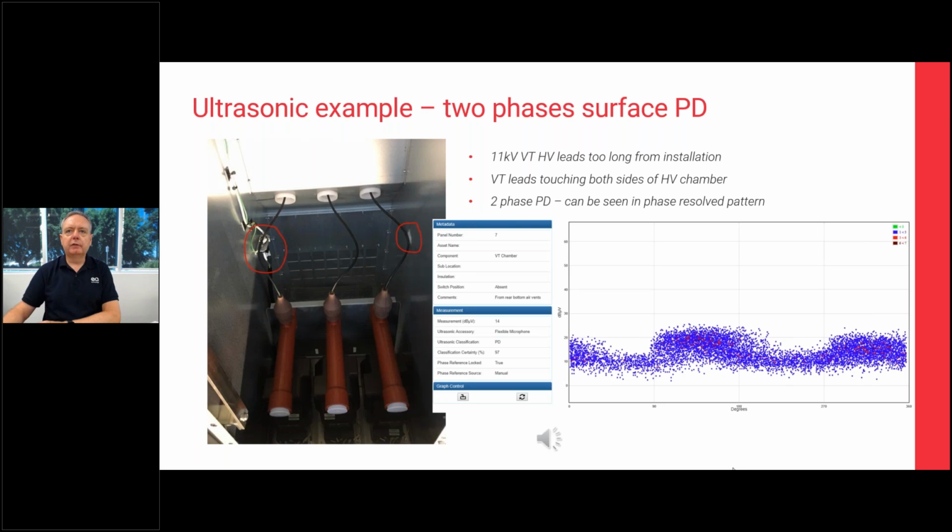The phase resolved plot shows that we've got two phases involved based on the pattern here, and the sound characteristic was associated with partial discharge here. So this is an indication that something is going on inside that voltage transformer.